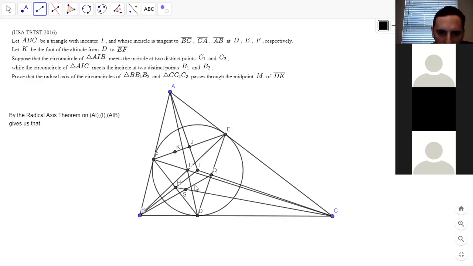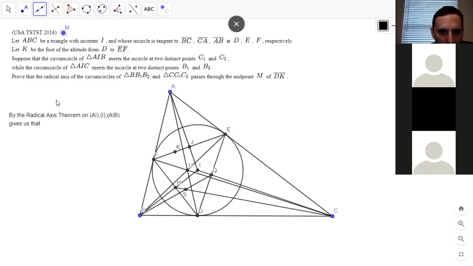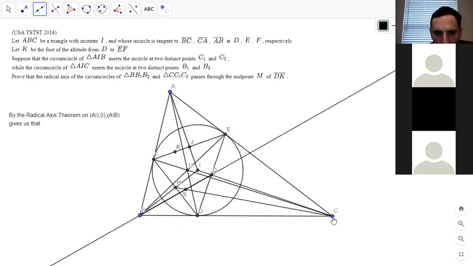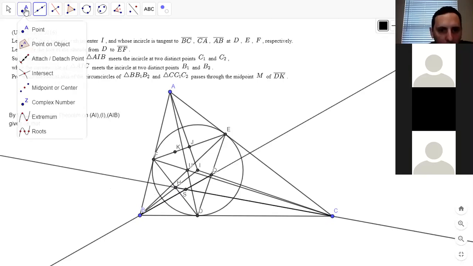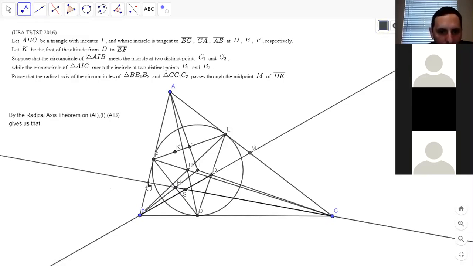CH and D and BQ. Let them intersect AC and AB. Okay. Sorry, I'm going to call that W over here.